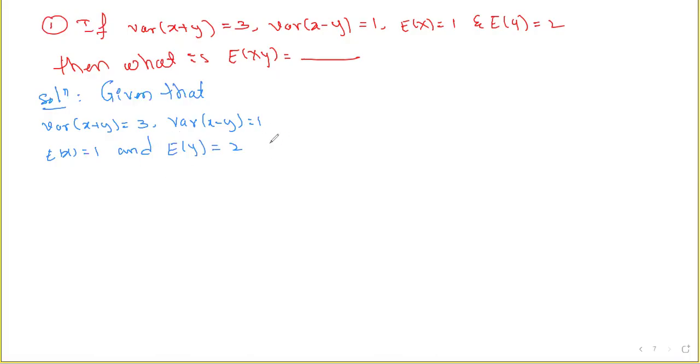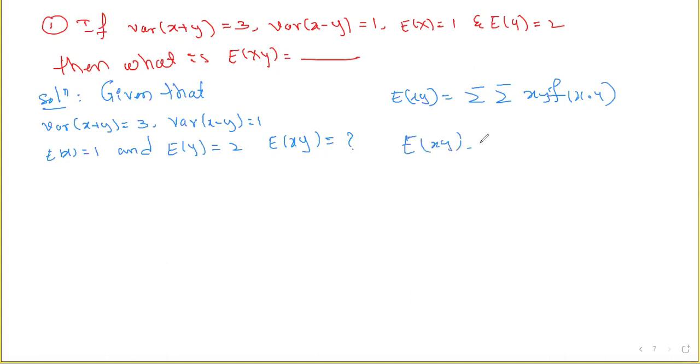Then our aim, our job is to find out expected value of xy, right? So to find out expected value of xy, what we studied in our regular theory, expected value of xy, if it is discrete, we have double summation xy into f of x comma y.